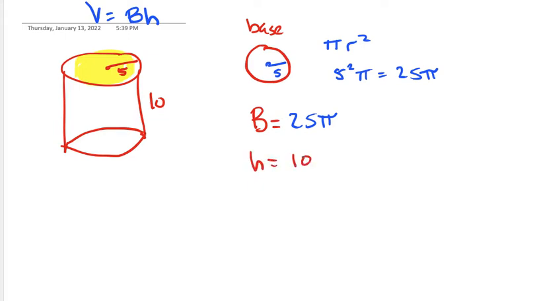And my height is 10. Notice the height is separating the two bases, and it's perpendicular to them. So when I put it all together, my volume is going to be 25 pi times 10, and that's going to give me 250 pi. So if we can find the area of a circle and recognize the base and height, we can find volume pretty easily.